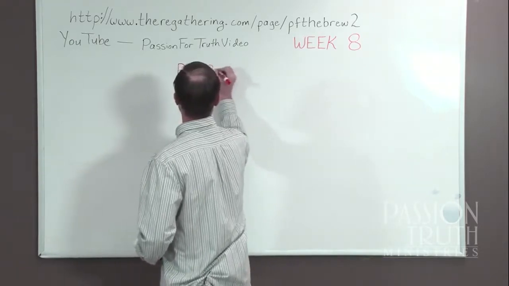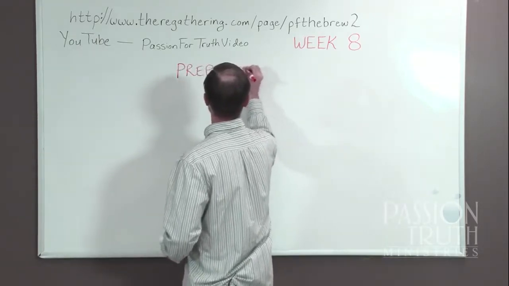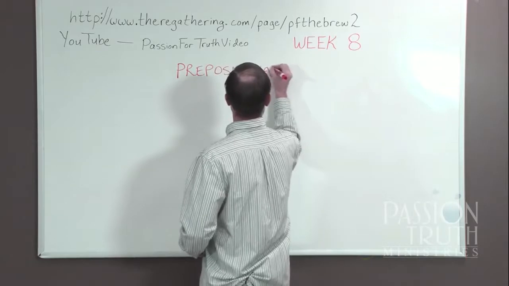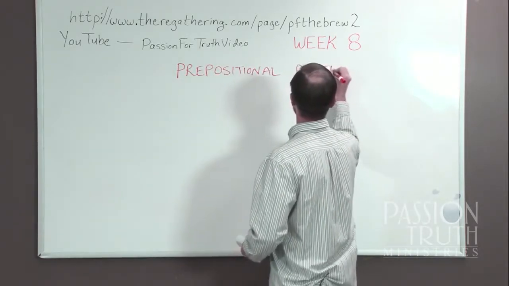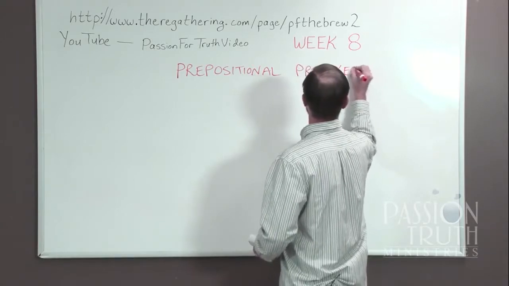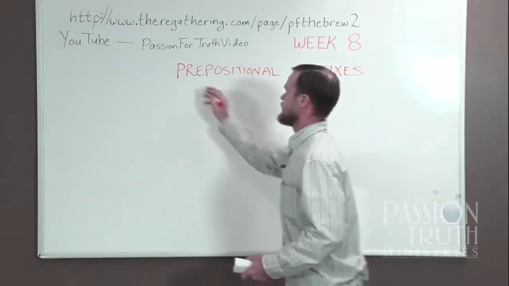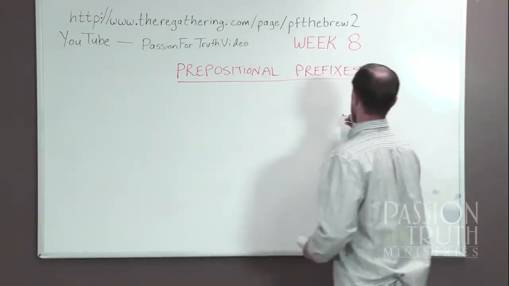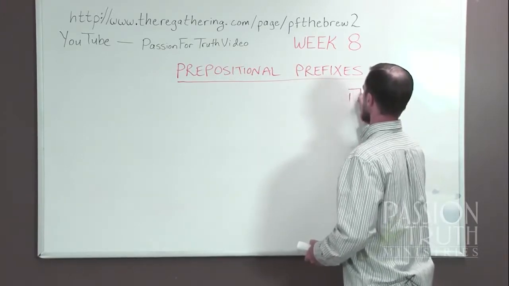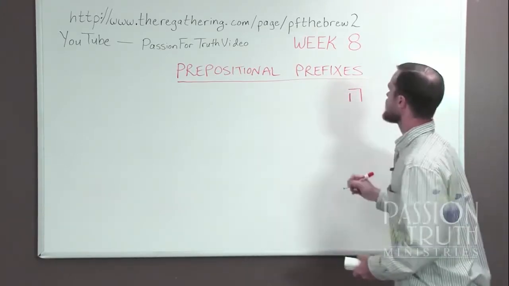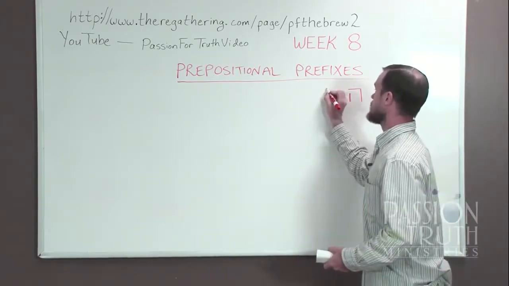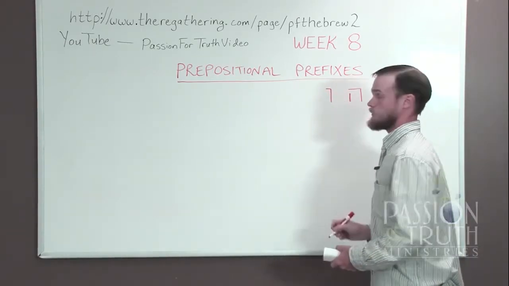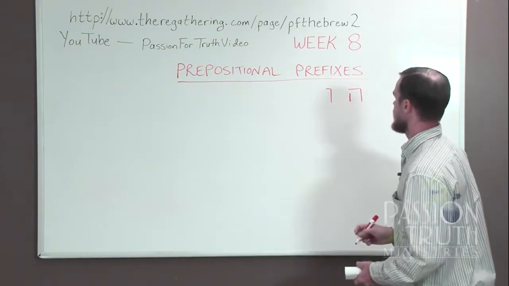Well, continuing our prepositional prefixes. Last week, we talked about 3 new prefixes. Of course, the he indicates the definite article, the word the. And the vav is a prefix, means and.